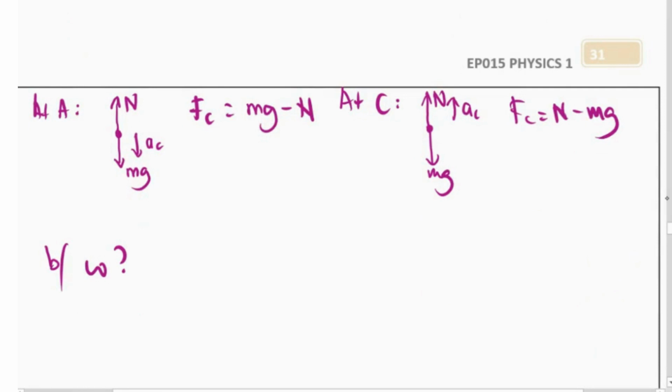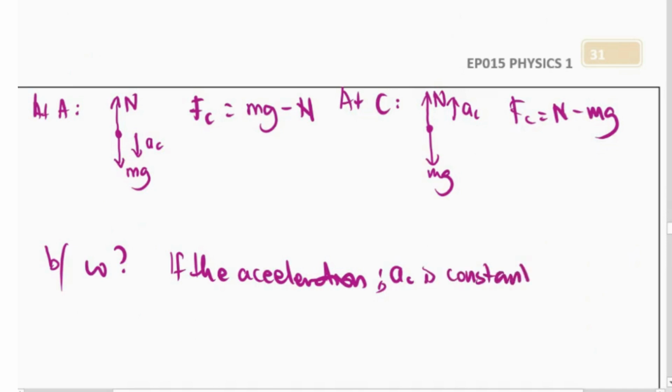The concept here, so that the person cannot be thrown out, is that the acceleration, which is centripetal acceleration, is constant g, 9.81 meter per second square.